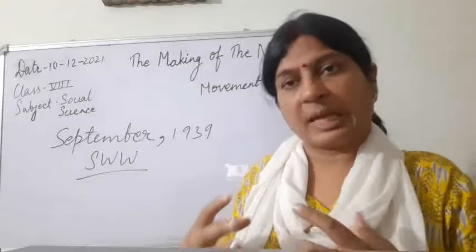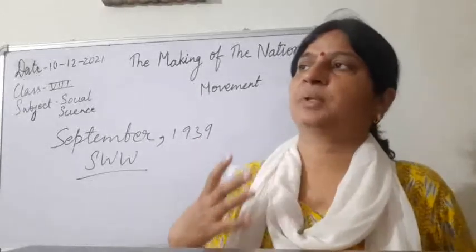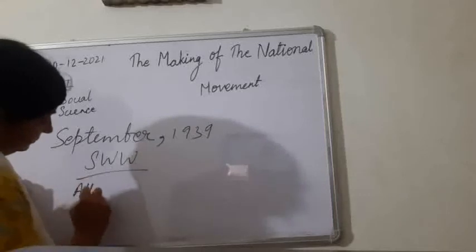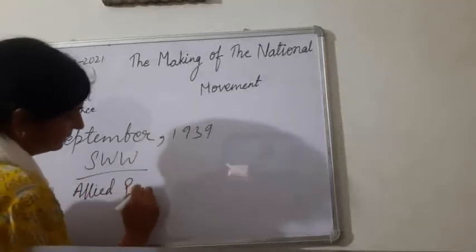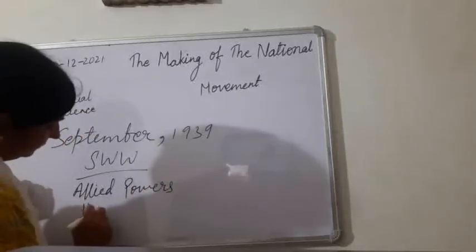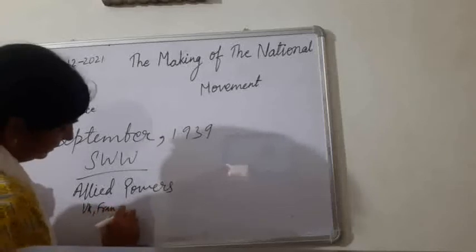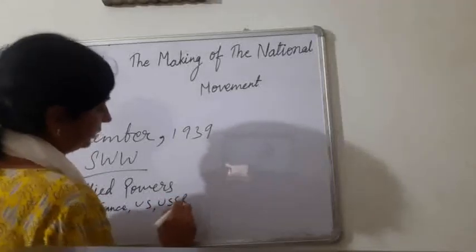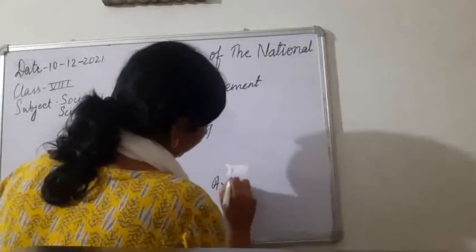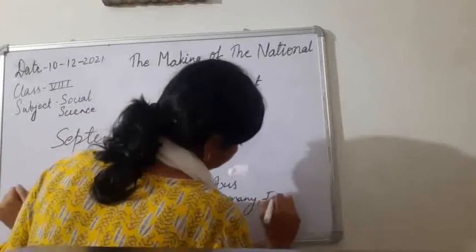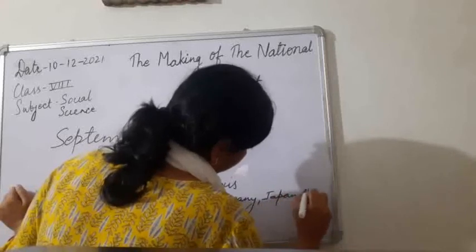So this was actually, we can say in a way, a fight between democracy and dictatorship. Because अगर हम देखें तो Allied powers में कौन है? UK, France, US and USSR. और दूसरी तरफ जो एक्सिस पावर था उसमें कौन थे? जर्मनी, जापान एंड इटली.